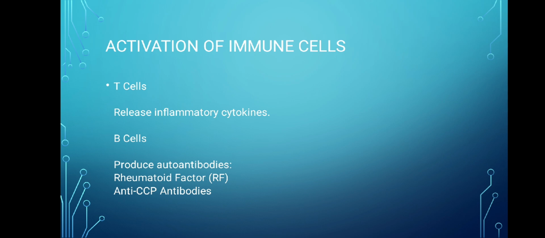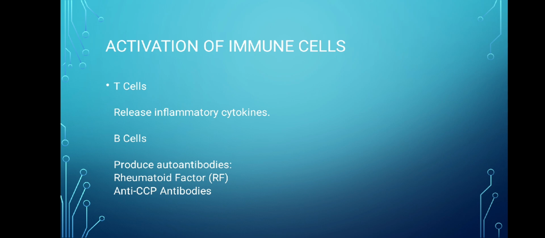Rheumatoid factor is an antibody directed against the Fc portion of IgG. IgG antibodies against anti-cyclic citrullinated peptide attack citrullinated proteins and are highly specific for rheumatoid arthritis. The interaction between these antibodies and their target antigen forms immune complexes. These immune complexes deposit within the synovial tissue and activate the complement system, further enhancing inflammation.